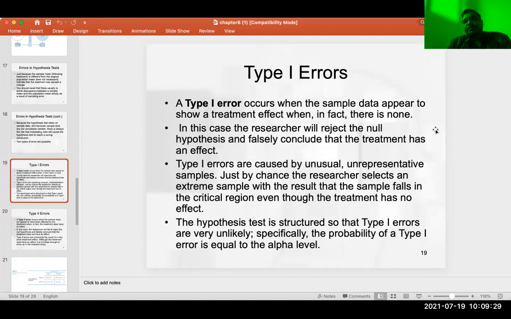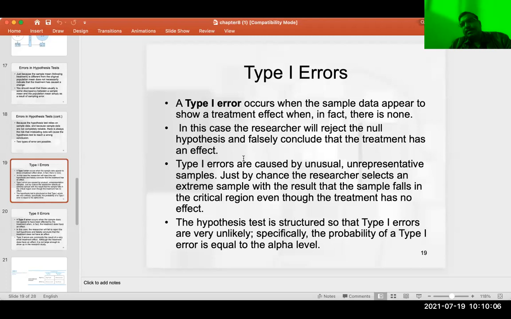Here you can see. A type 1 error occurs when the sample data appears to show a treatment effect when in fact there is none. That means we are rejecting the null hypothesis, but it should be accepted. That is the error you are going to make. In this case, the researcher rejects the null hypothesis and falsely concludes that the treatment has an effect.